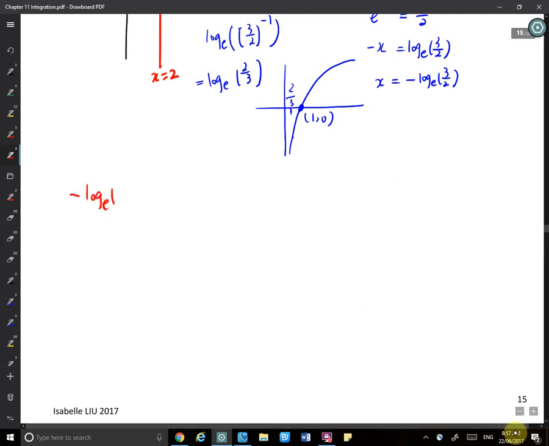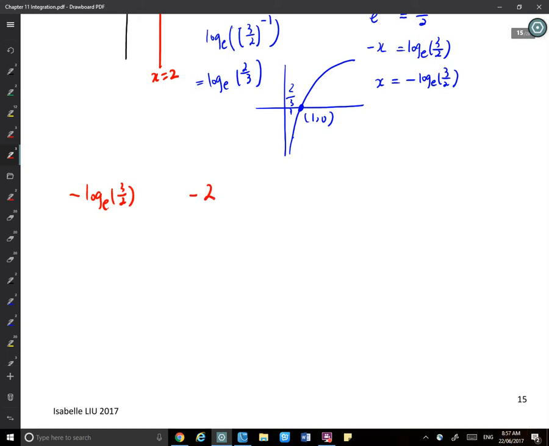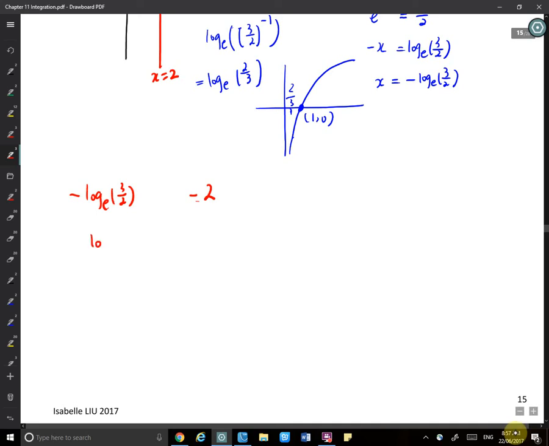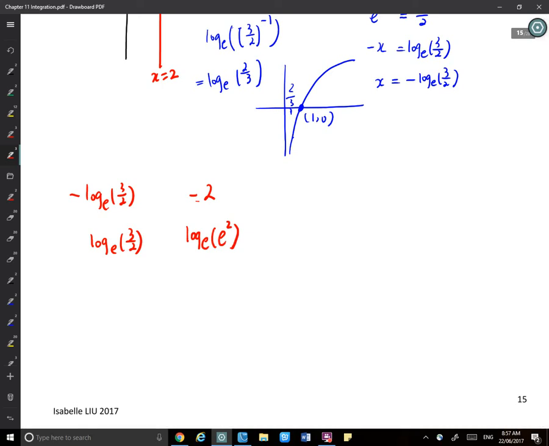Minus log e 3 over 2 and -2. I want to see which is smaller, which is larger. Instead of comparing the negative signs, I will compare log e 3 over 2 and 2. Well, what is 2? 2 is log e to the power of 2. I want to make the same thing.